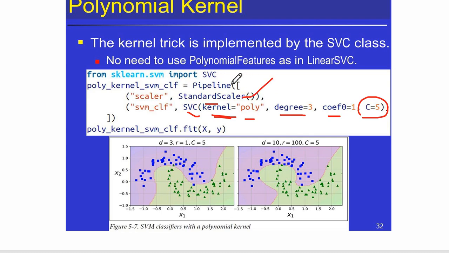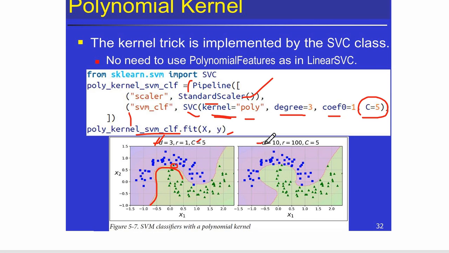I am creating one pipeline, and to this pipeline I am passing the polynomial kernel SVM classifier dot fit function. With degree equal to 3, this is the curve we are getting. But in this curve, in this place, we have some green class points also.